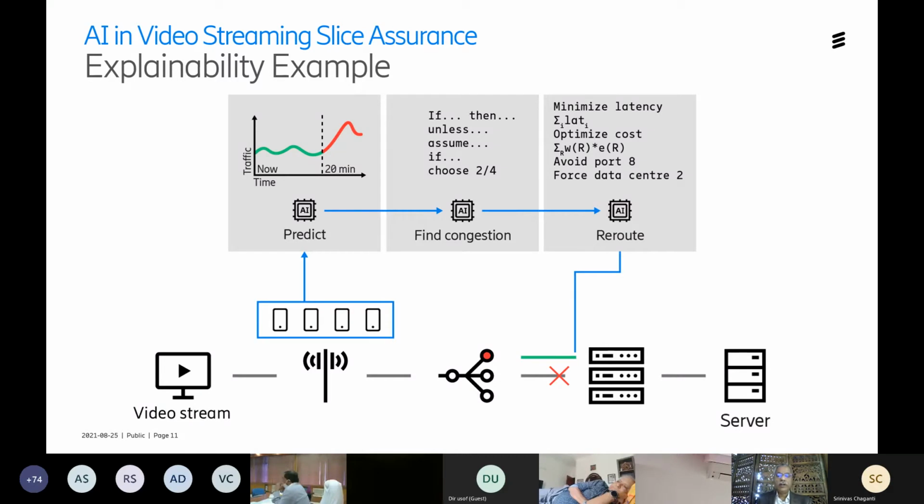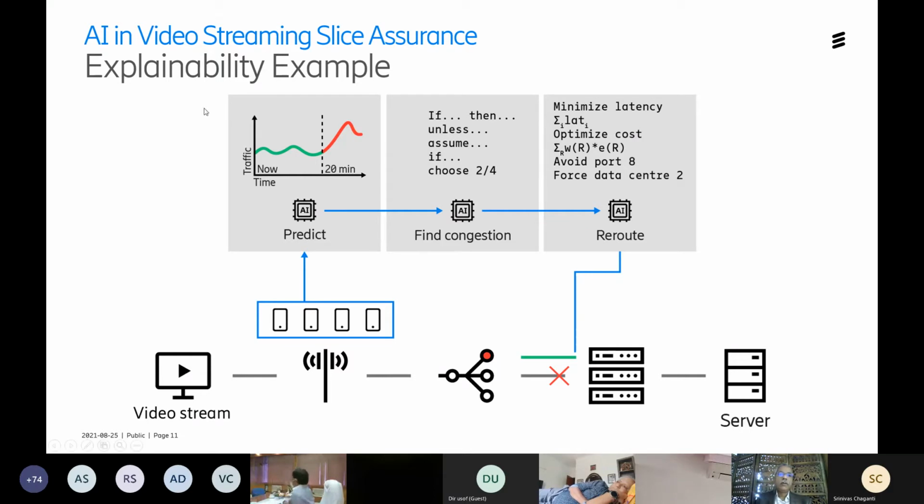What I am showing you here, think of this as, let's say, a 5G network slicing example, where you have video streaming on a network slice, which is supporting video type of traffic, and you are expecting the network to adapt and give a desirable service level to this particular traffic.